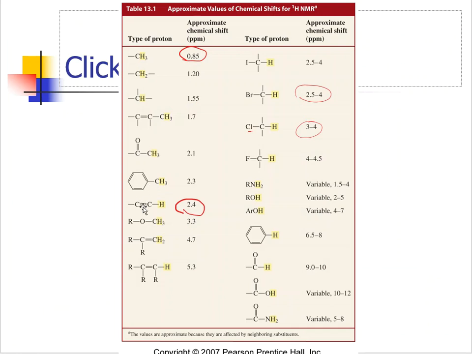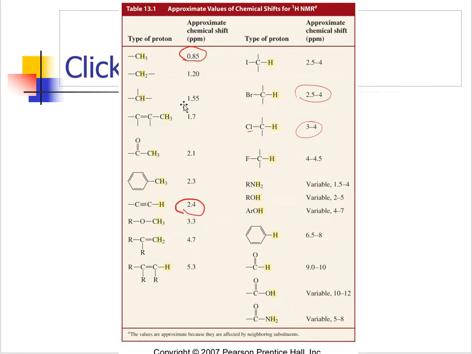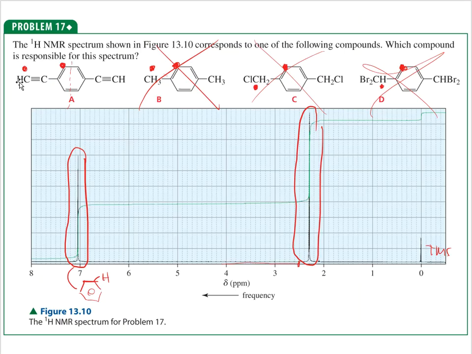That benzene ring should have a hydrogen on a benzene of 6.5 to 8, and we do have it, 7.1-ish. And then we have an alkyne, and that alkyne group is going to be here, a hydrogen on an alkyne, and that's at a 2.4. So here's our hydrogen on the alkyne, and that should be about a 2.4-ish.